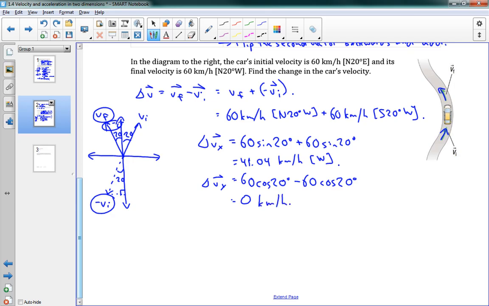So therefore, delta V is equal to 41.04 kilometers per hour. And I'm going to change that actually because we just want 2 digits on this. So 41 kilometers per hour in the west direction. That's how the velocity has changed. And there we go. That's what that sort of a problem looks like.